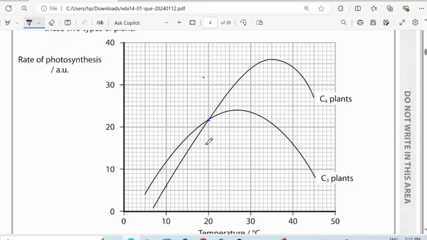Another point I could write is that before 20 degrees Celsius, the rate of photosynthesis at all temperatures was higher in C3 plants compared to C4 plants, and after 20 degrees Celsius, the rate of photosynthesis was higher at all temperatures for C4 plants compared to C3 plants.